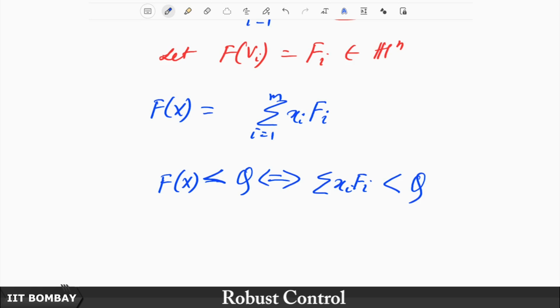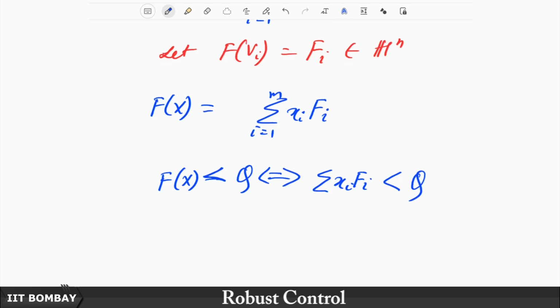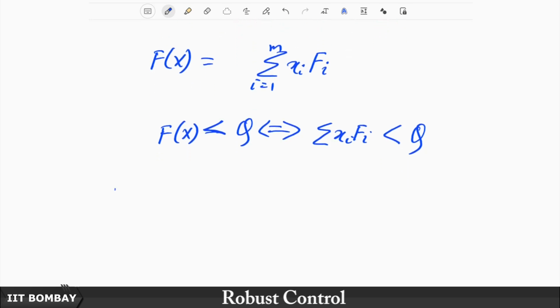Quite often in controls, and most so in this course on robust control, we will encounter LMIs in different forms which may not look exactly like this, and yet they do turn out to be LMIs. So, let us give the first example.